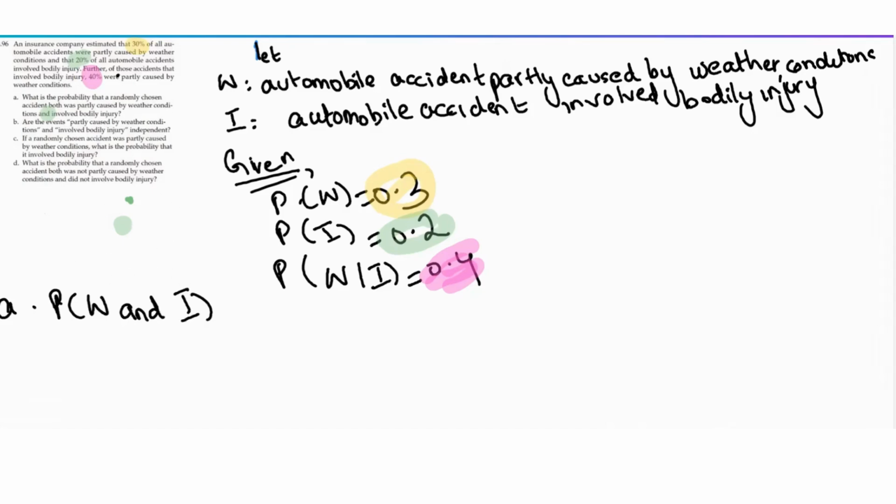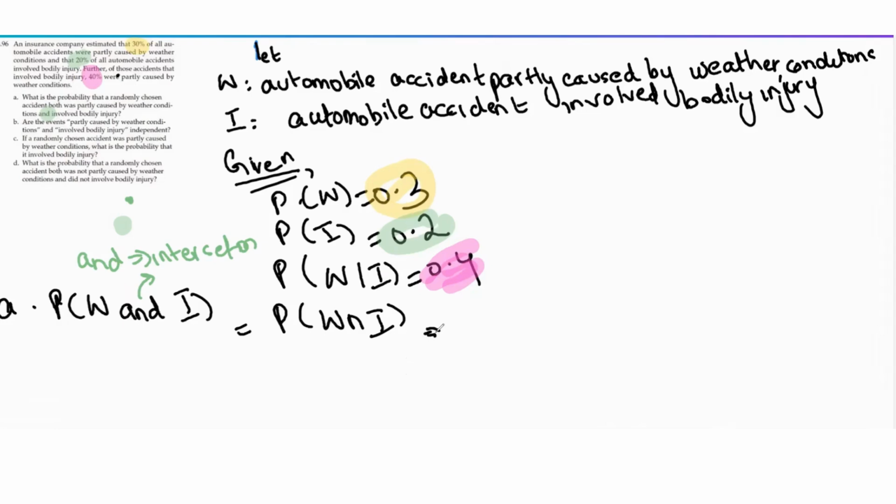Like we just mentioned, and means intersection. So what we are interested in finding is the probability of W and I. I can write this as probability of W intersection I, because just like or means union, and means intersection. Here we'll apply our multiplicative rule.